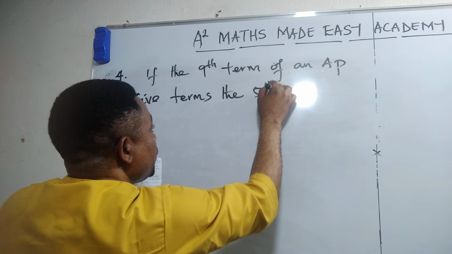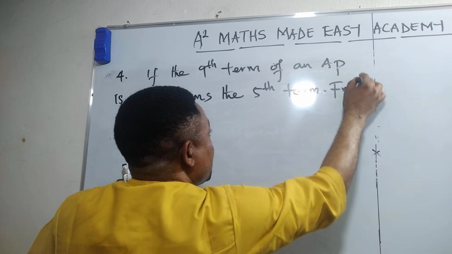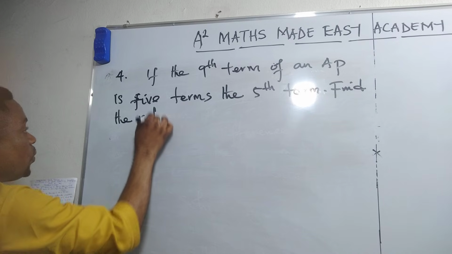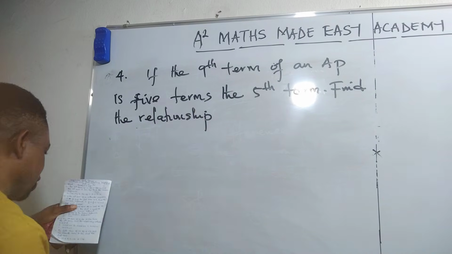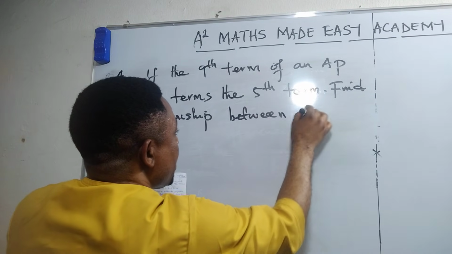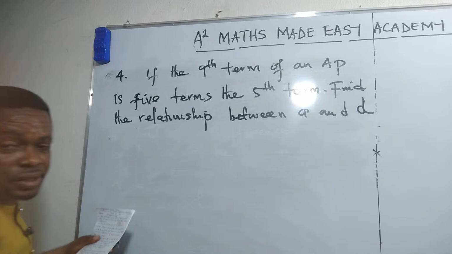Full stop. Now the question says, find the relationship. We are looking for what we call the relationship between A, which is the first term, and D, which is the common difference.